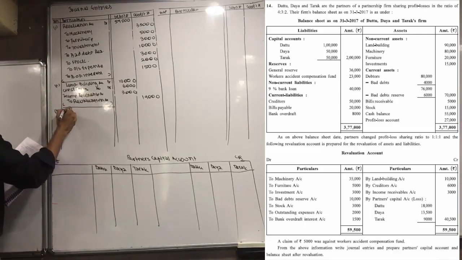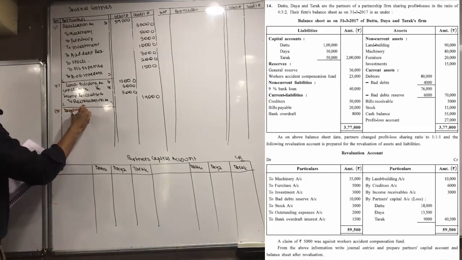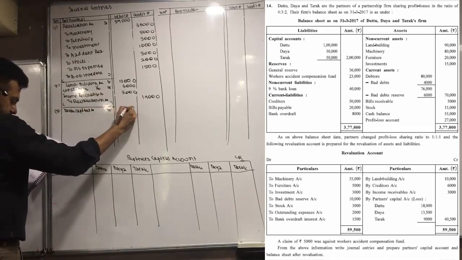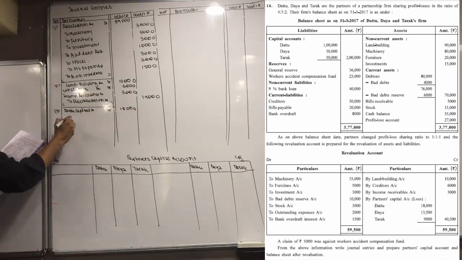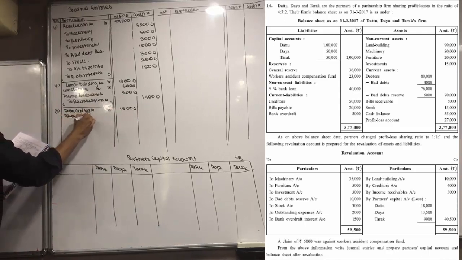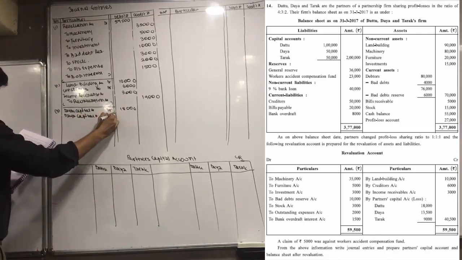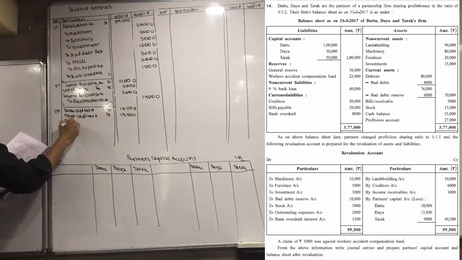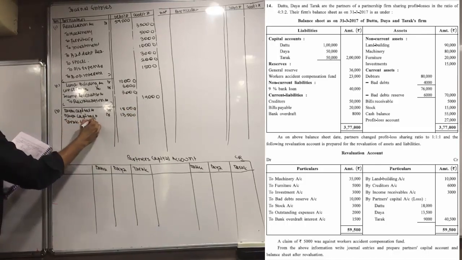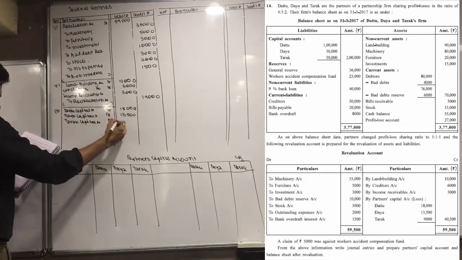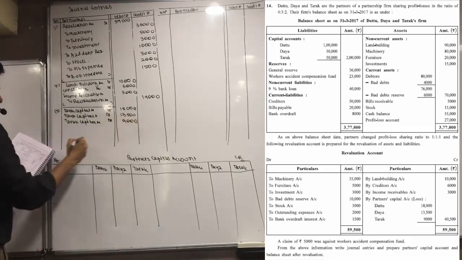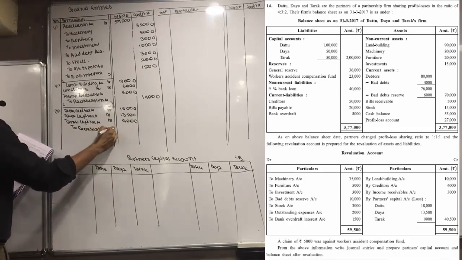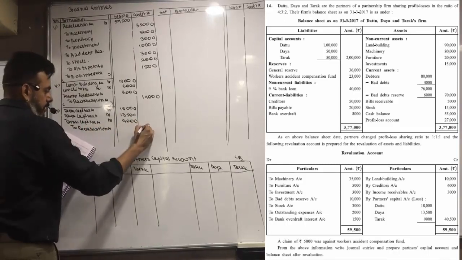So third, the three capital accounts: Dattu's capital account debit 18,000, Daya's capital account 13,500, Tarak's capital account 9,000, to revaluation account 40,500.